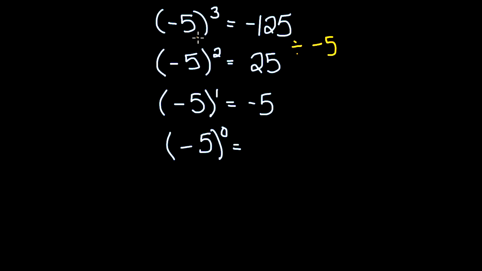Well, as you can see, that's the base. So each time you're dividing by the base. So negative 125 divided by negative 5 is 25. 25 divided by negative 5 is negative 5. And if we keep that pattern going, negative 5 divided by negative 5 is 1.